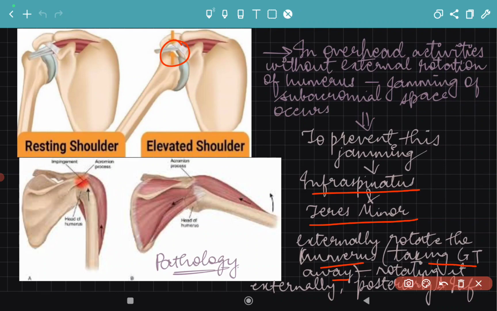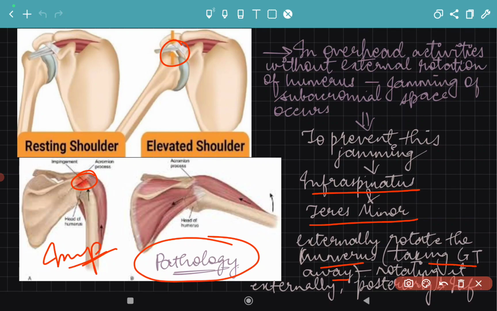shoulder abduction movement. Or there may be pathology where even in a normal resting shoulder there is some narrowing of space or jamming occurring at the shoulder joint, where the subacromial bursa and mainly the supraspinatus tendon are getting impinged because of pathology, which may be due to incorrect posture or repeated activities, repeated microtrauma, leading to impingement syndrome.